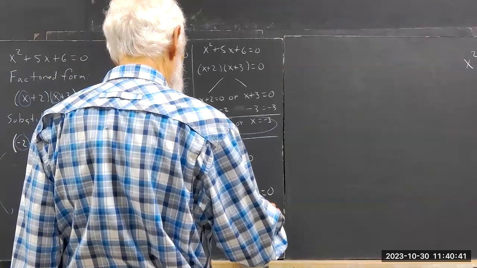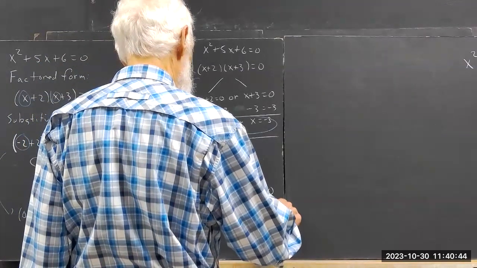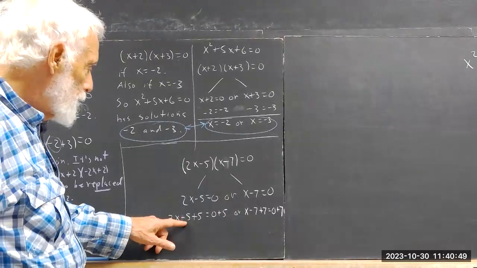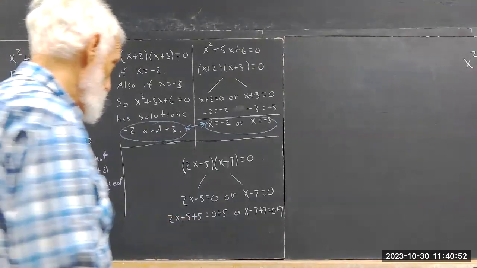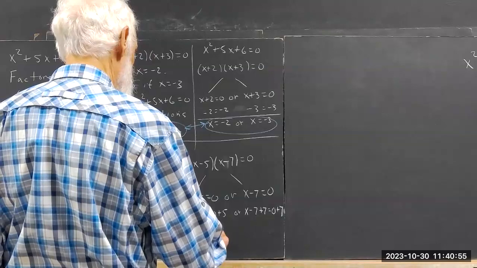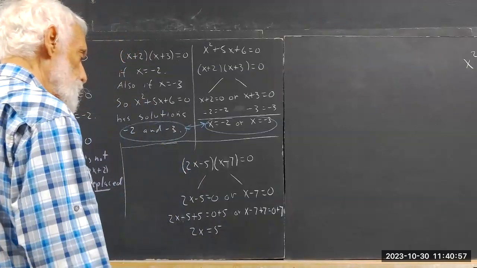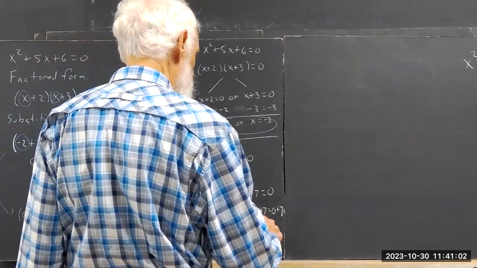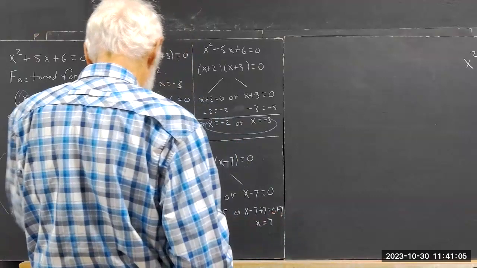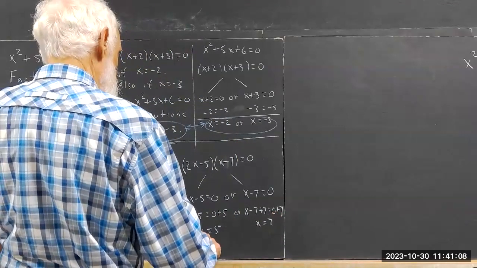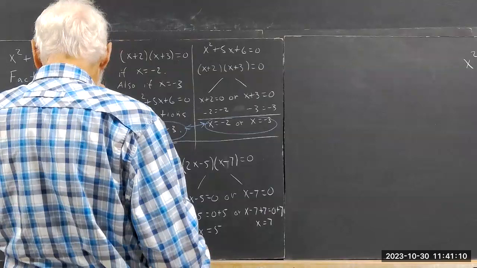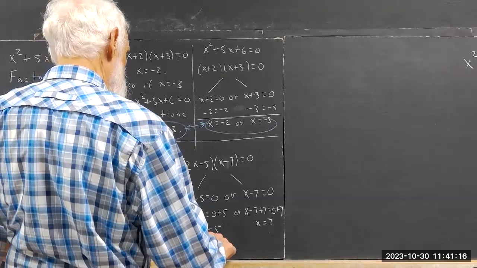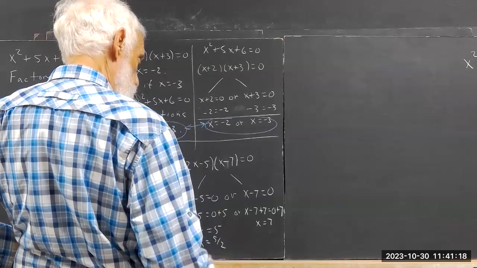We could do the same thing over here. And knowing that minus 5 plus 5 is 0, we get 2x equals 5. Over here, knowing that minus 7 plus 7 is 0, we get x equals 7. Over here, then, we divide both sides by 2, and we get x equals 5 halves.